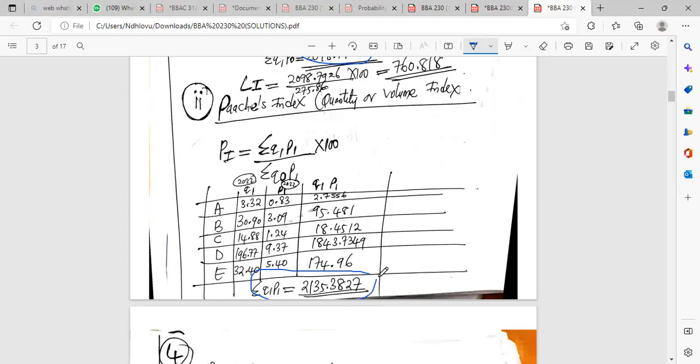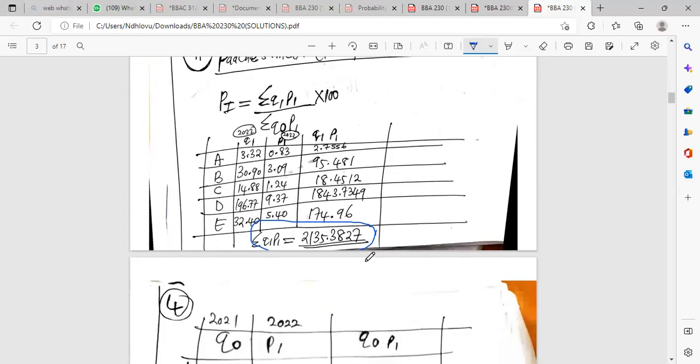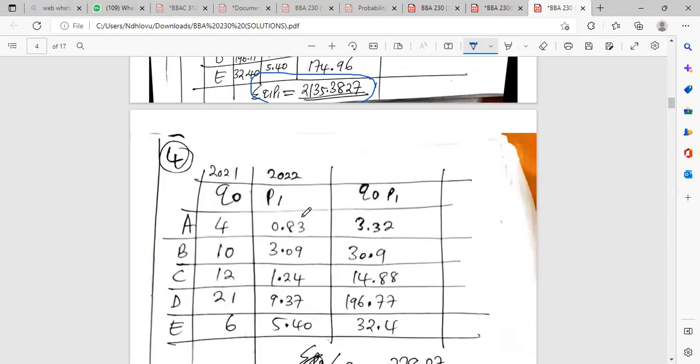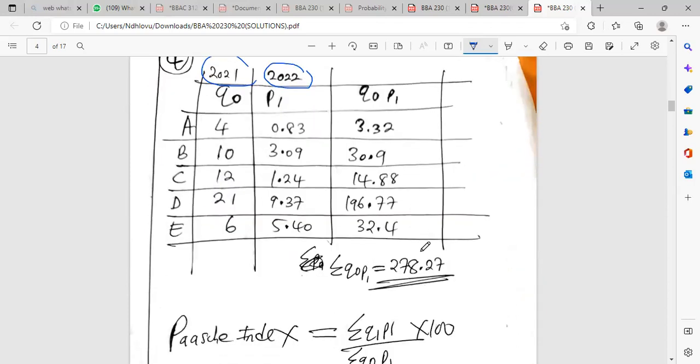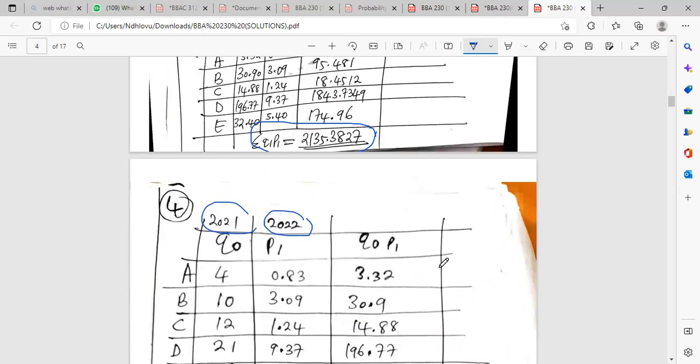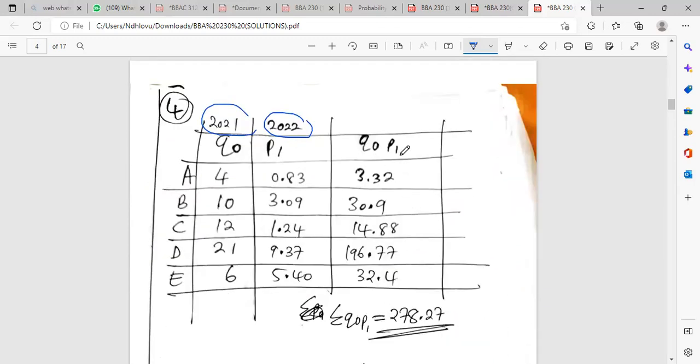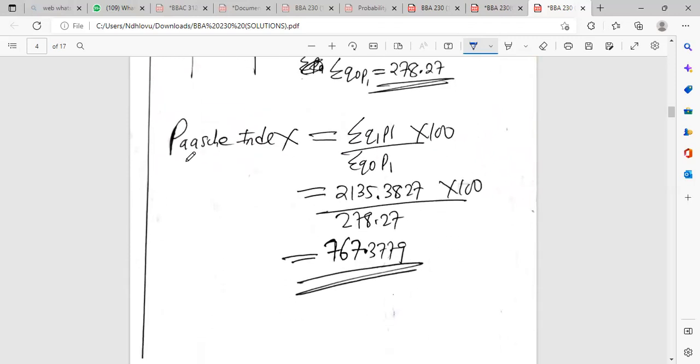All right. Then we actually find the other one, Q0 P1. So this is for the base. P1 is for the current, which is 2022. Then we are getting 278.27 on the summation of Q0 P1. So that our partial quantity index, or volume index, is for the volume.